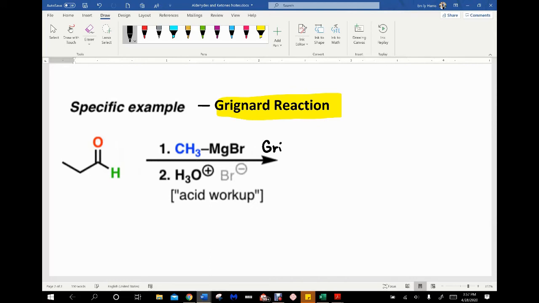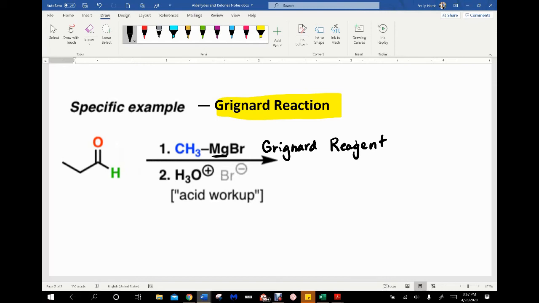Okay? And what you'll notice is the Grignard reagent has a metal as part of its chemical structure, and that metal is attached to that alkyl CH3 group.